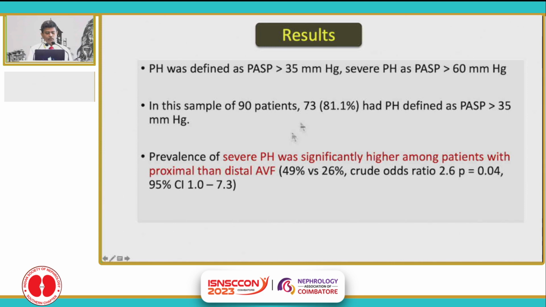In the entire sample of 90 patients, 81% had pulmonary hypertension. Compared to distal fistula, patients with proximal fistula had a higher prevalence of severe pulmonary hypertension, 49% versus 26%, with an unadjusted odds ratio of 2.6, which was statistically significant.